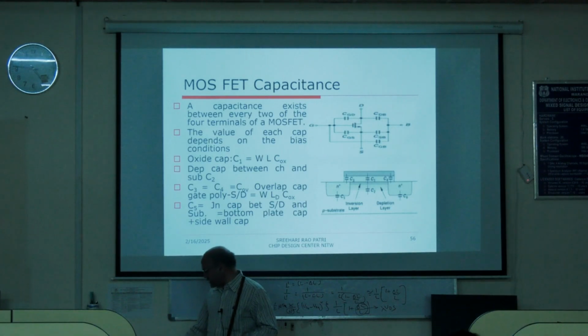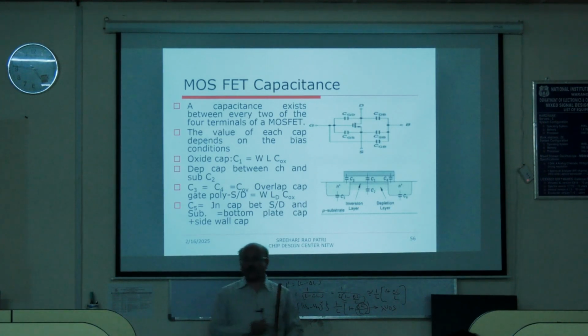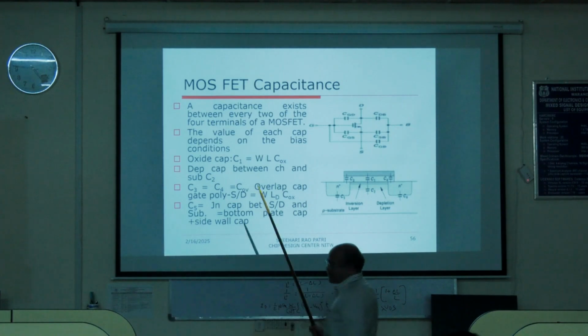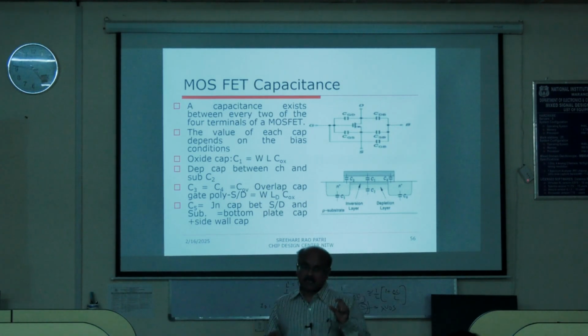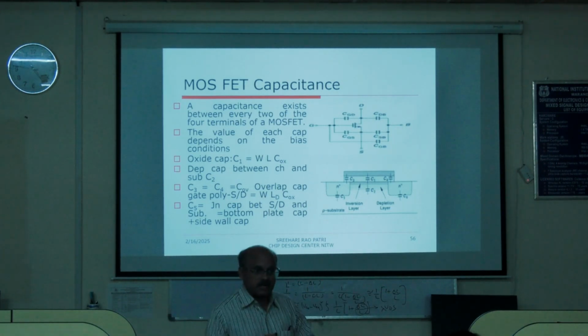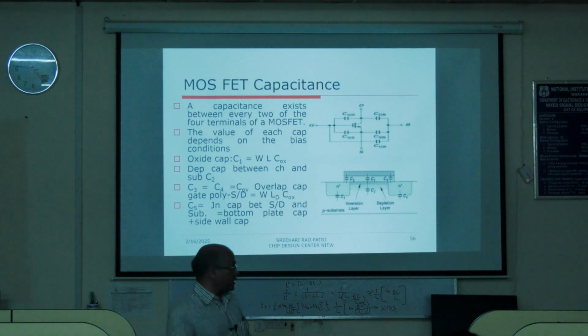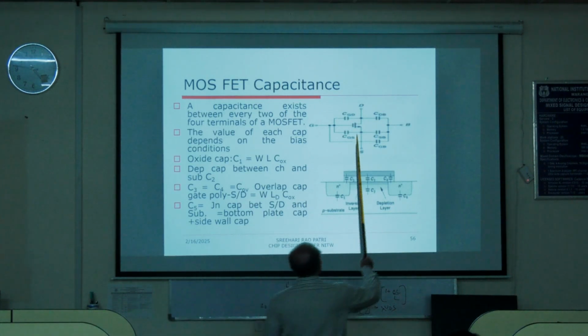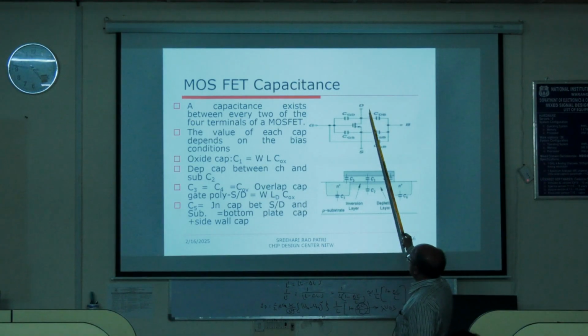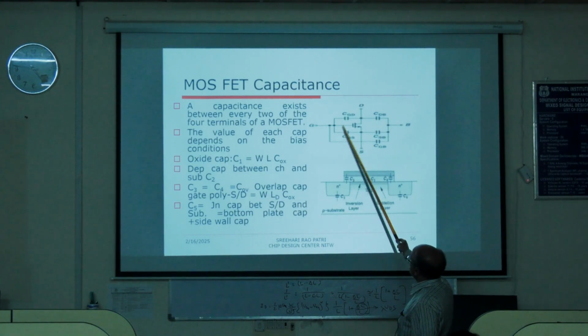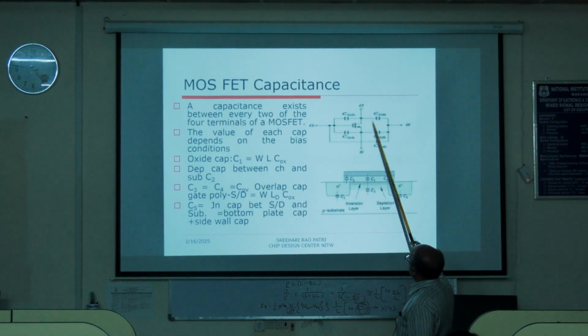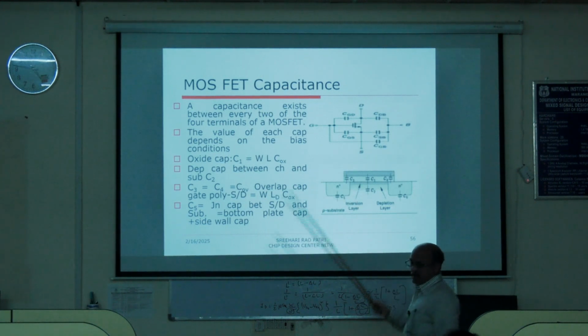The MOSFET capacitance, very quickly let us try to look at the capacitances. Wherever there are two metal-like things separated by a dielectric, there exists capacitance, right? Here you can see this is the gate and this is the drain, so there will be CGD. This is the gate and this is the source, there will be CGS, and similarly many capacitances are there.